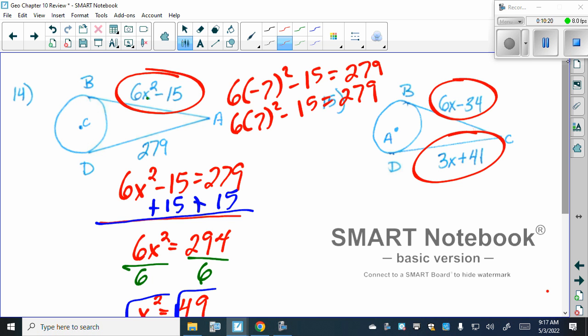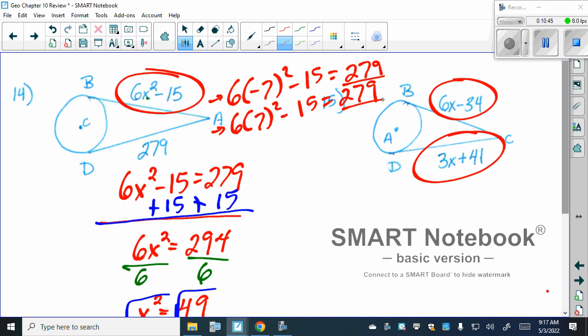Because if you type this into the calculator and this in the calculator, and one of them doesn't give you back what it should equal here, 279, or both sides aren't the same when we plug that value back in, then we know that doesn't work. Does that make sense? Okay. Any other questions on 12 through 15?